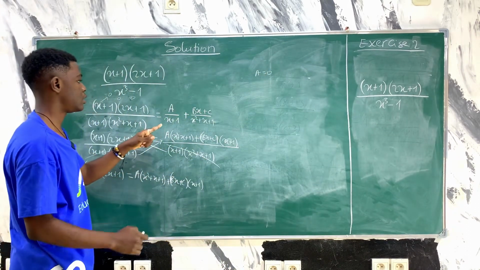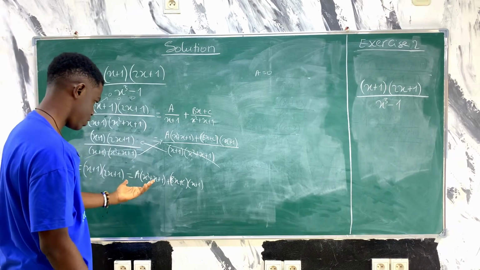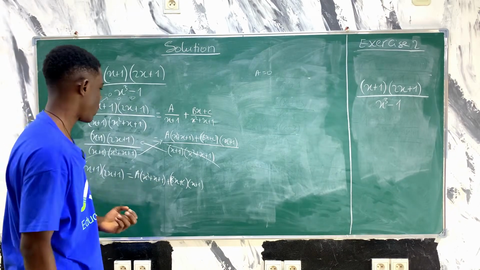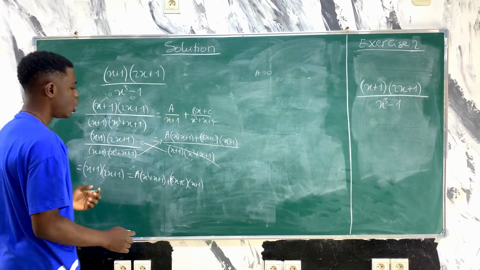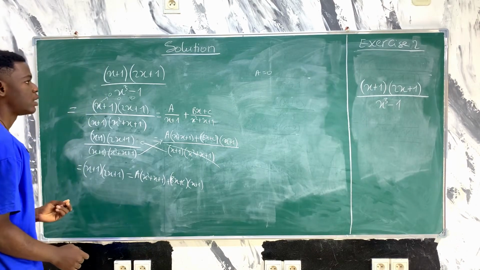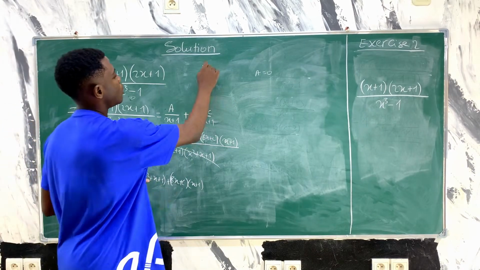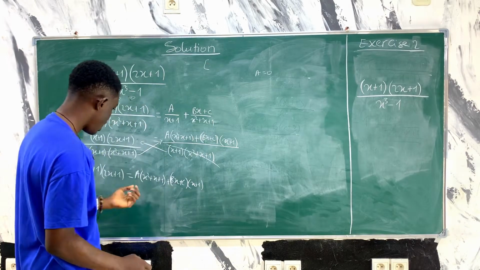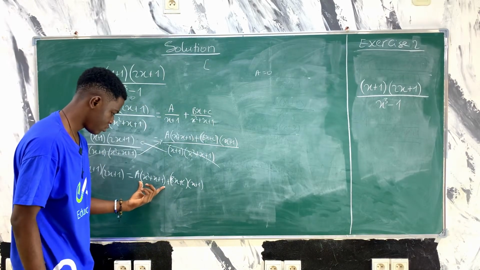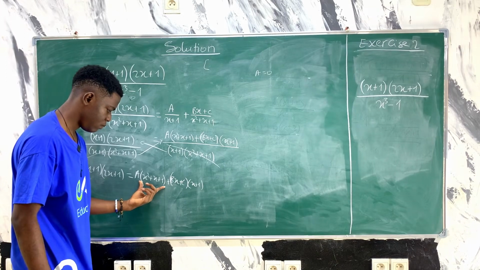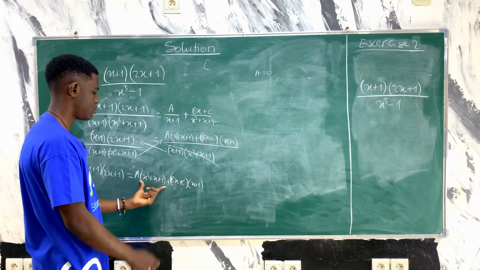If you doubt the cover up method, let's just solve here normally. If I am to let values, I check here what I can put that will give me 0. Nothing, I can put nothing here that will give me 0.